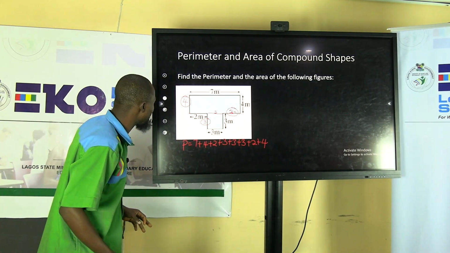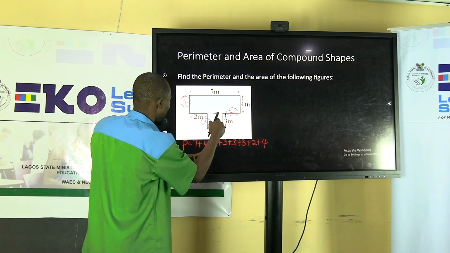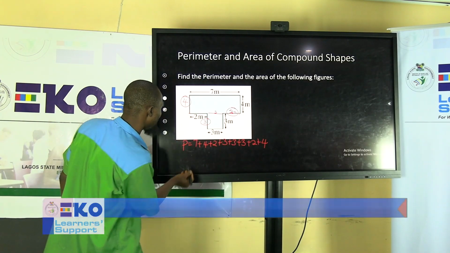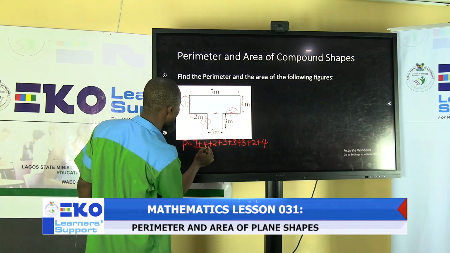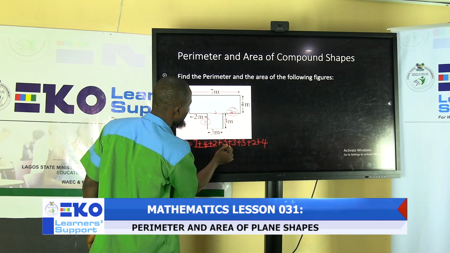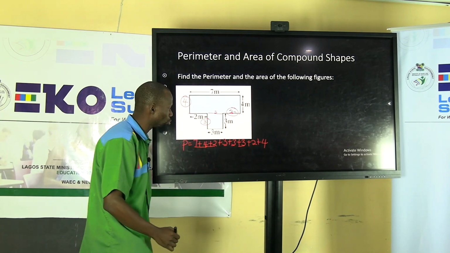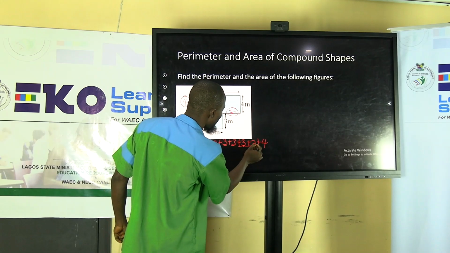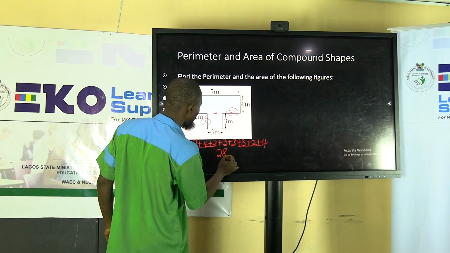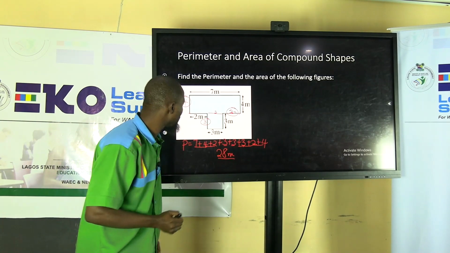I hope I've exhausted that. 7, 4, 2, 3, 3, 3. Yes, so let me add that. This is 11. This is 13. This is 16. This is 19. This is 22 and 24. With this, 28. So I have 28 meters as the perimeter.